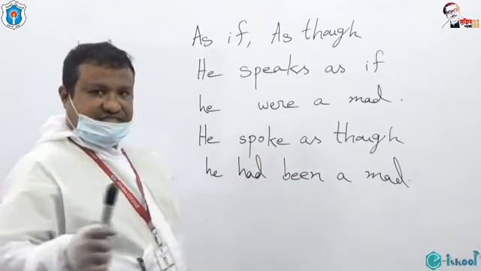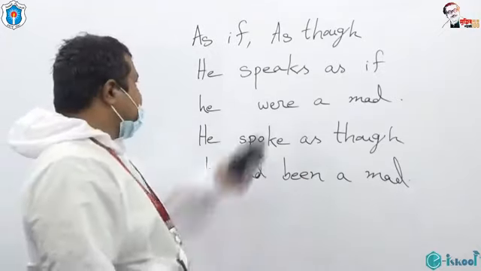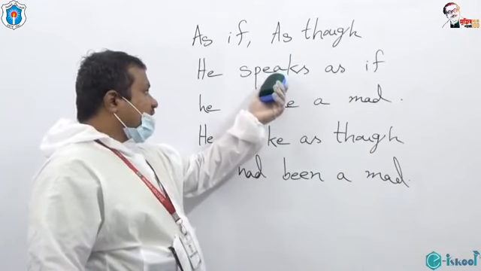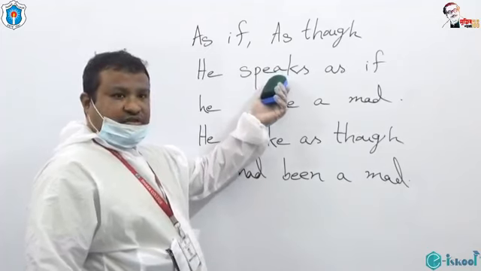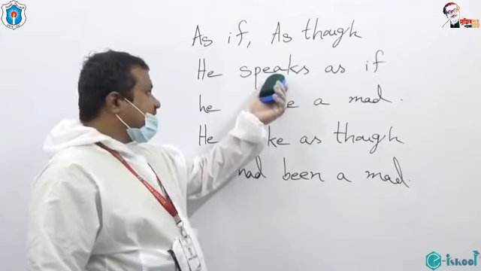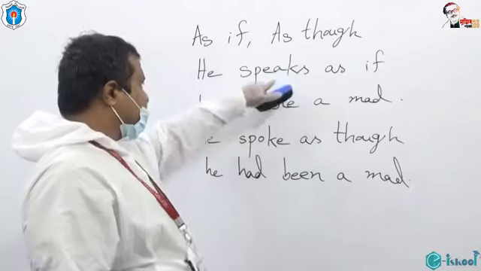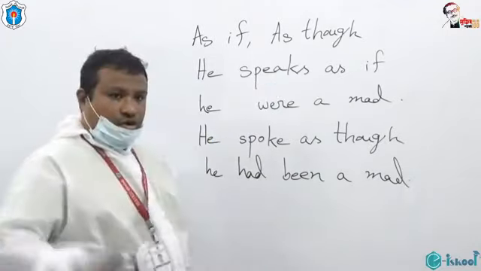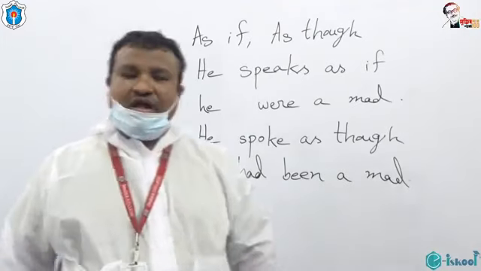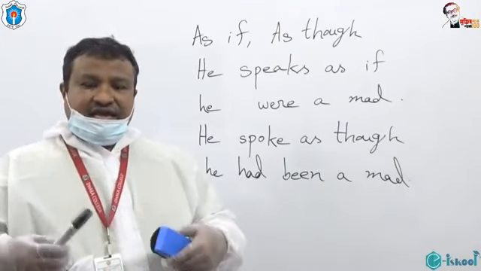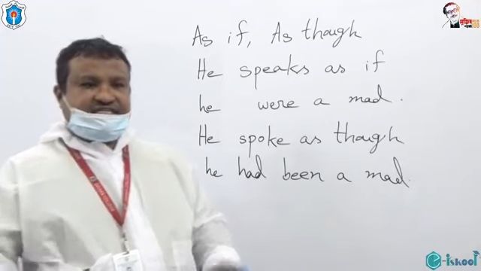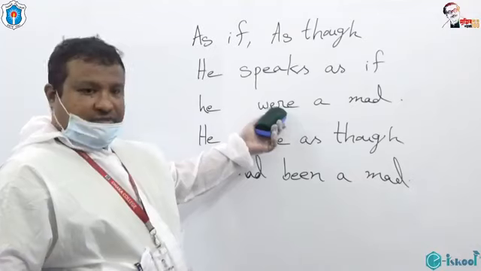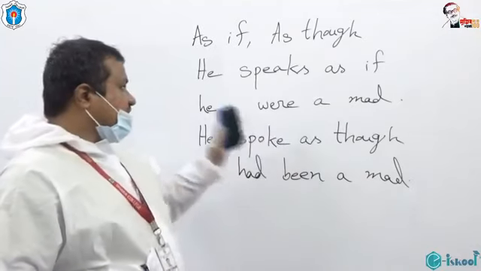What is the difference? Here we are using the present form of the main verb before the phrase as if. So, when we complete the sentence, the structure will be subject plus past form, then the extension.